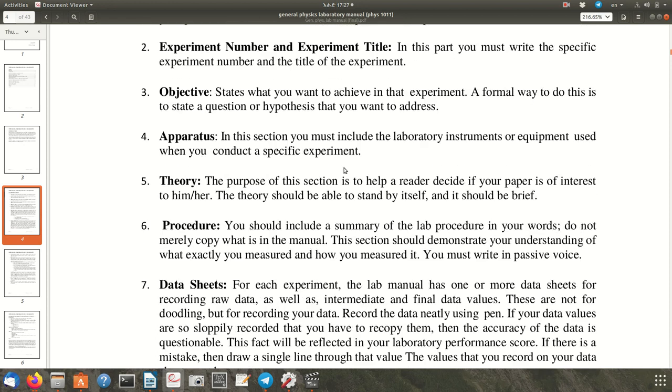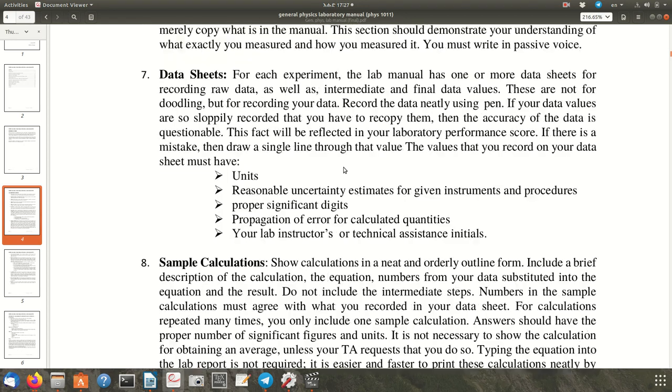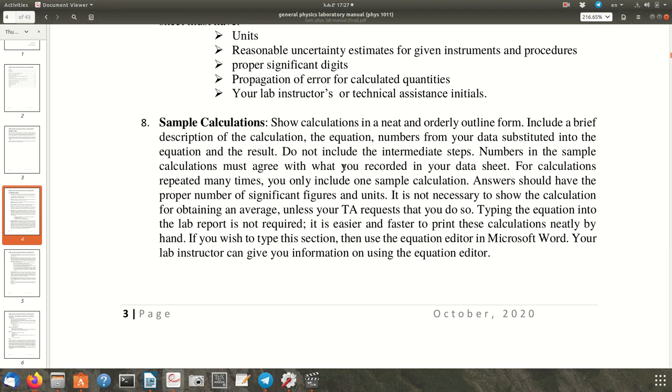The next one is calculation. Here, sample calculation means that when you write a report, you don't need to show bulky calculations. For example, you may take many trials, at least 4 or 5 trials, in order to show a specific thing. Showing one is enough.